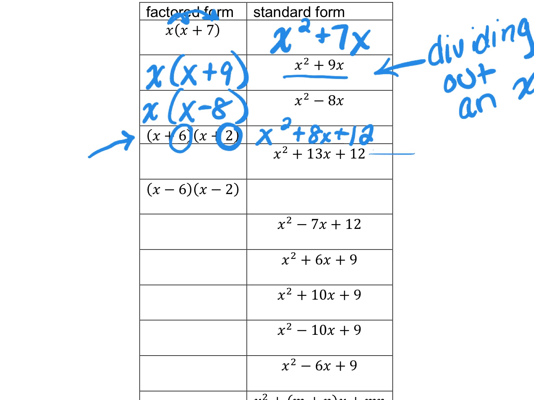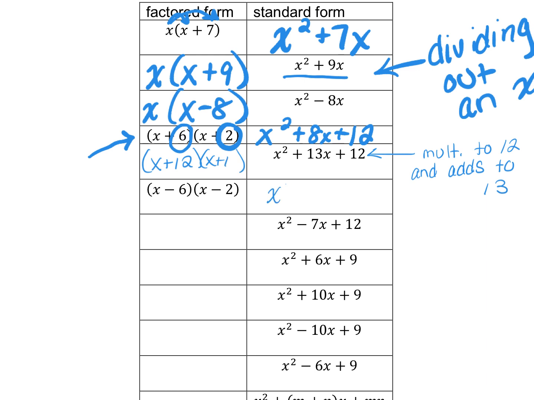So now you want to think for this, okay, well, what multiplies to 12 and adds to 13? And hopefully you're thinking, well, 12 and 1. And that's what our factored answer would be.